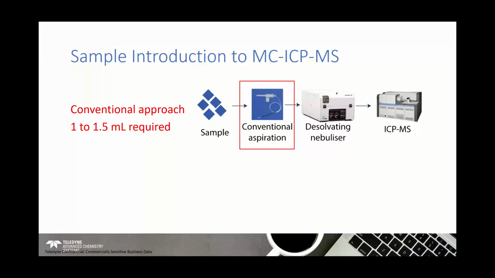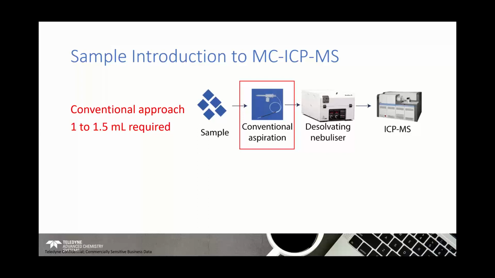That might be on its own, or it might be an automated approach. And then that sample goes through a desolvating nebulizer system, for example, our Aridus 3, where the sample is desolvated, the matrix is removed to keep the oxide level down, and then that sample passes into your ICPMS for measurement. That's the standard, conventional approach.